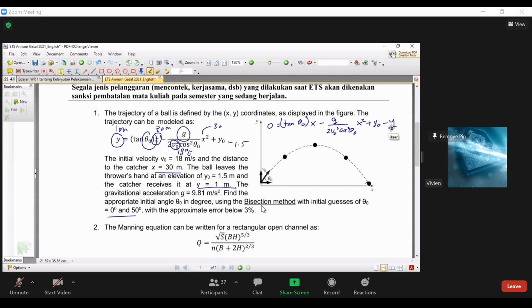With this, all of the variables are known, so what we have now is finding the value of theta.